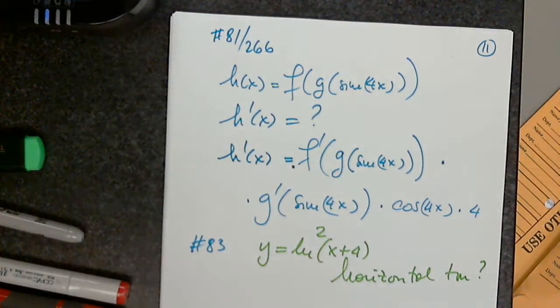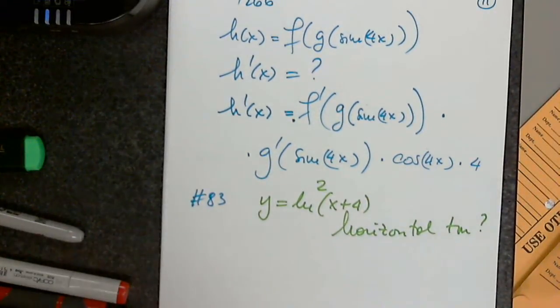Okay, so now what I wanted is to find the point on the curve at which the tangent is horizontal. What do I have to do? Find the derivative, very good.